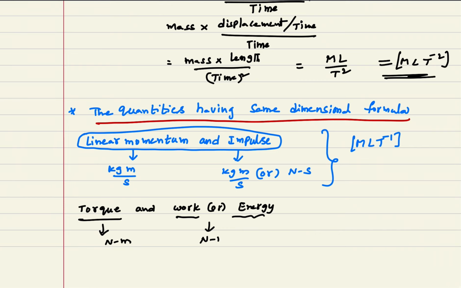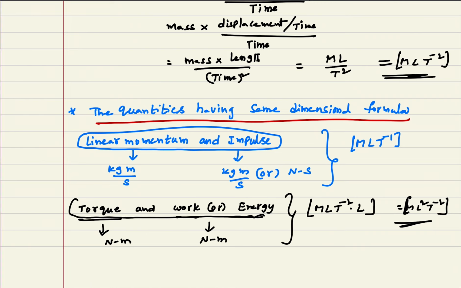Work or energy will also have Newton meter. If you write the dimensional formula of both, M L T power minus 2 into L. So the dimensional formula is M L square T power minus 2. So you can see that the dimensional formula of torque and work or any kind of energy is the same, M L square T power minus 2.